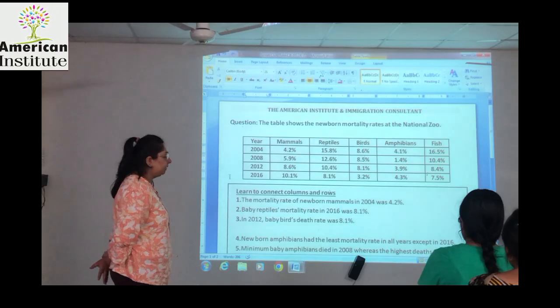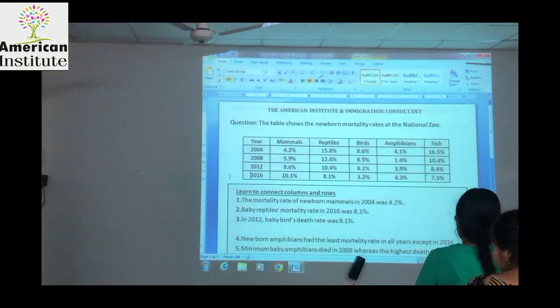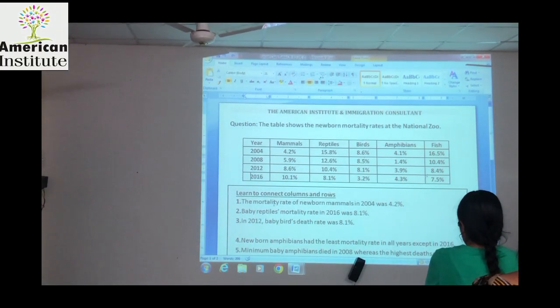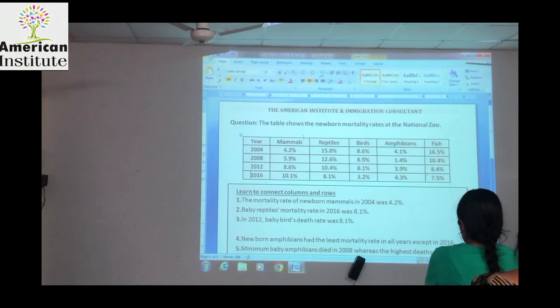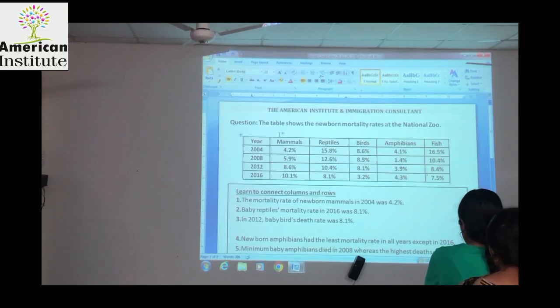Clear? Okay beta. Now in this lesson we will learn about the different sentence structures of a table. First of all we will learn how to connect a column and row. So these are our columns. And these are our rows. Okay beta.